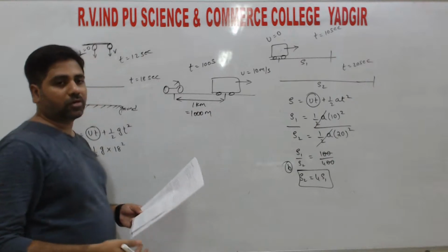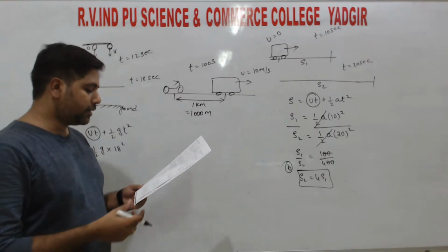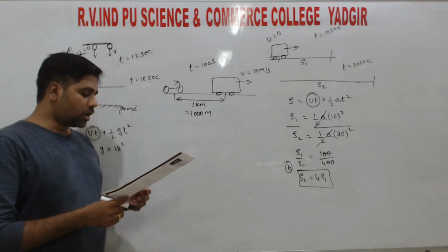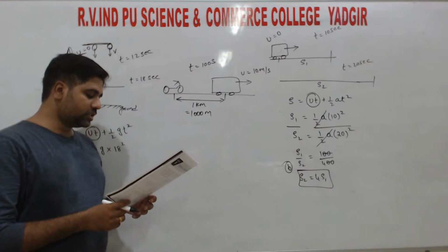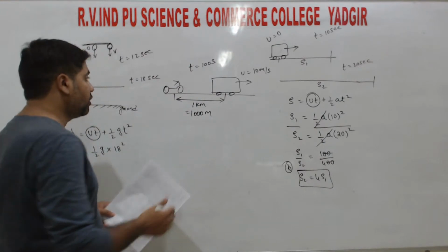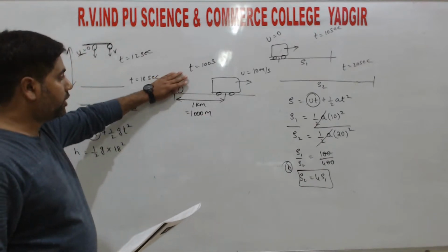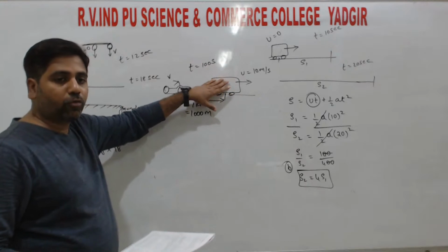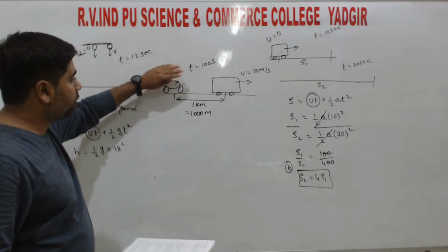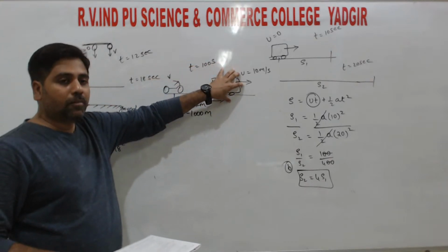So 1 kilometer is equals to 1000 meter, right? So with what speed should the scooterist chase the bus? That means we are going to find the velocity of the scooter with respect to the bus. That means relative motion.